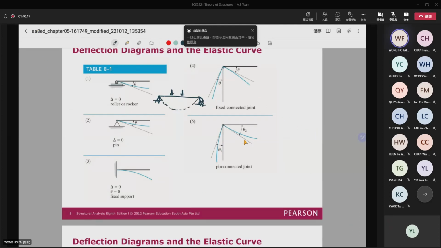So you can see that there will be a theta, an angle here, for roller support, and then for pin support, there is just the rotation here, but no deflection. So the deflection is equal to 0, but there is a rotation at the end of the support. For the pin support as well, there will be rotation, but the vertical deflection will be equal to 0.